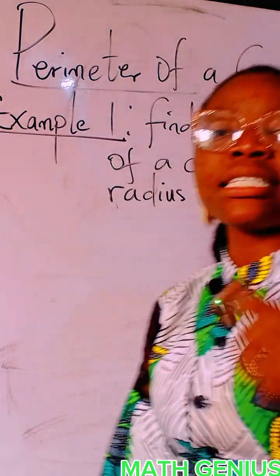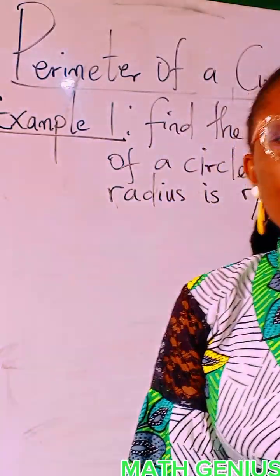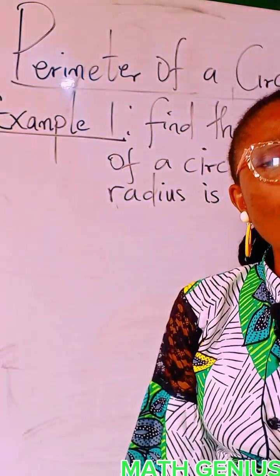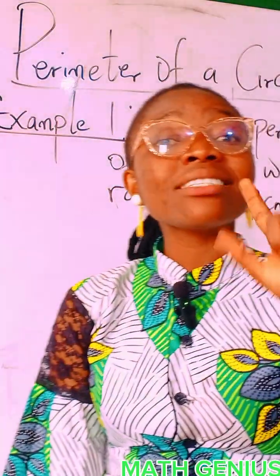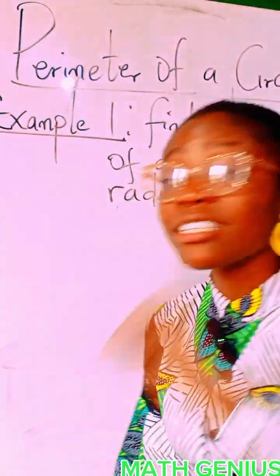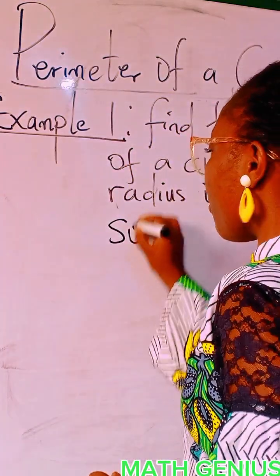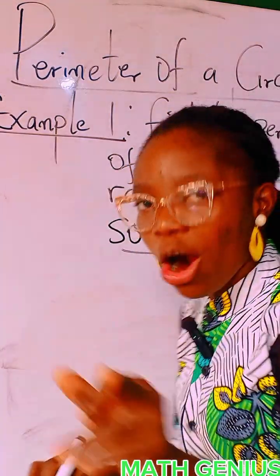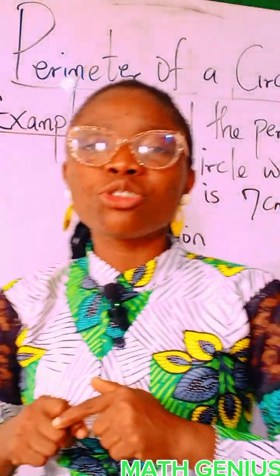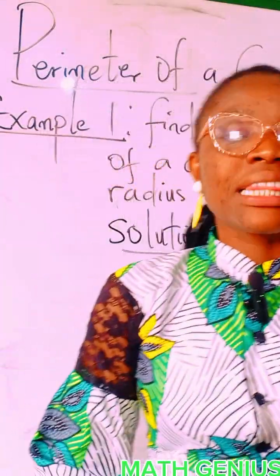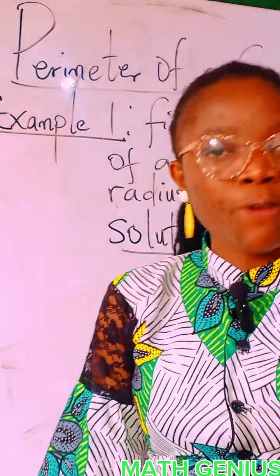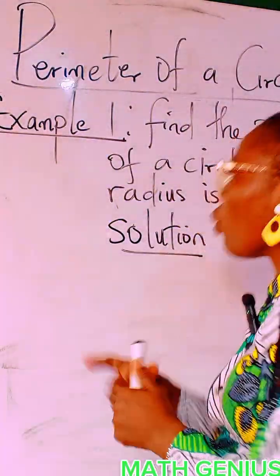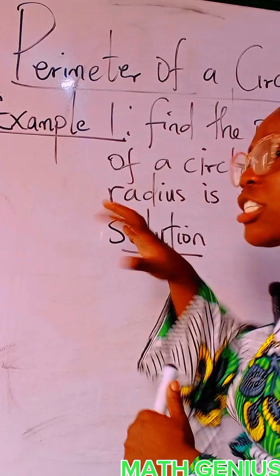Now please hear this again and again. Anytime you are meant to solve a question in mathematics that requires a formula, the very first thing you do when starting your solution is to state the formula. We are meant to find the perimeter of a circle here.